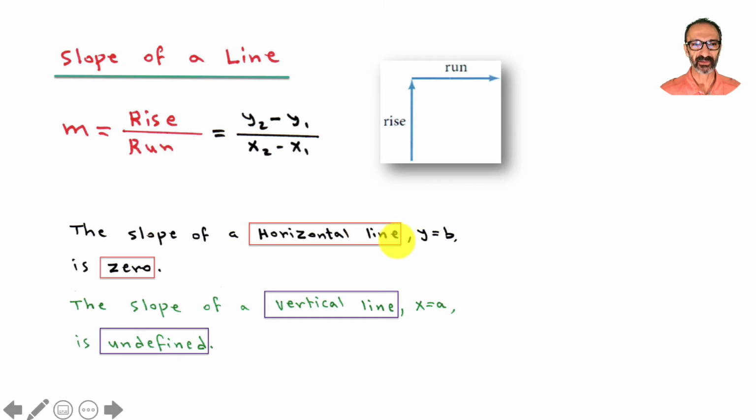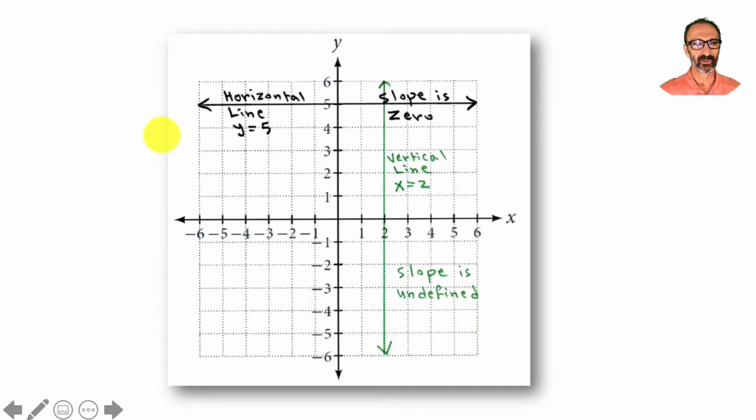The slope of a horizontal line, y equals b, a constant, is 0. The slope of a vertical line, which is x equals a, also a constant, will be undefined. Here is a horizontal line and here is a vertical line. The horizontal line, for example, y equals 5, because you're going up to 5 and you're staying right there.